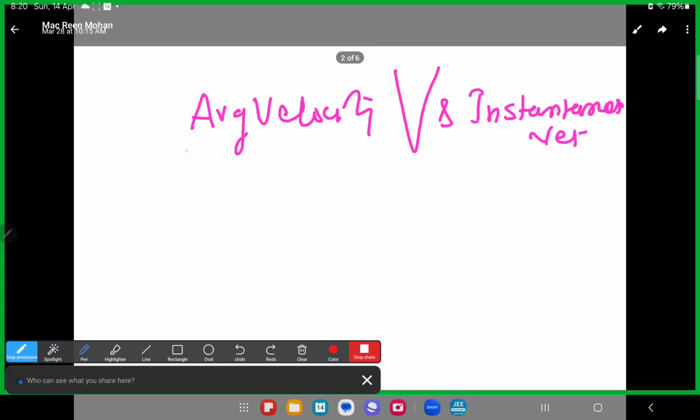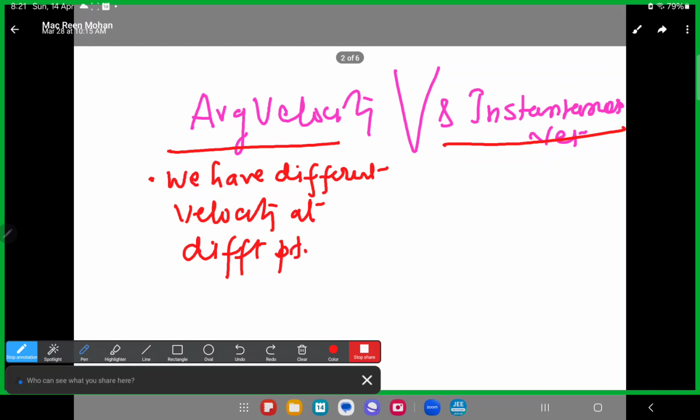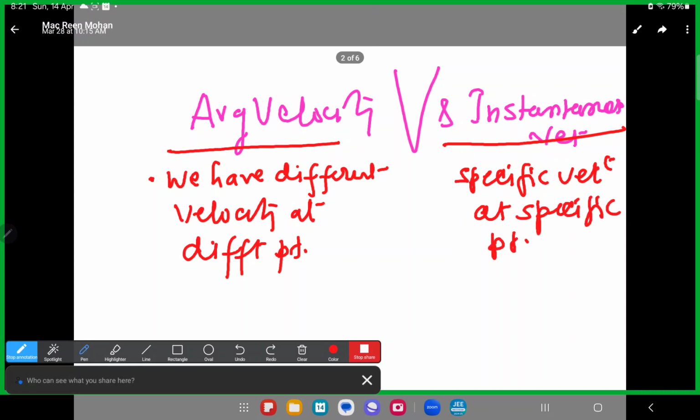The basic difference between average and instantaneous: here we have different velocities at different points, but here we have a specific velocity at a specific point.